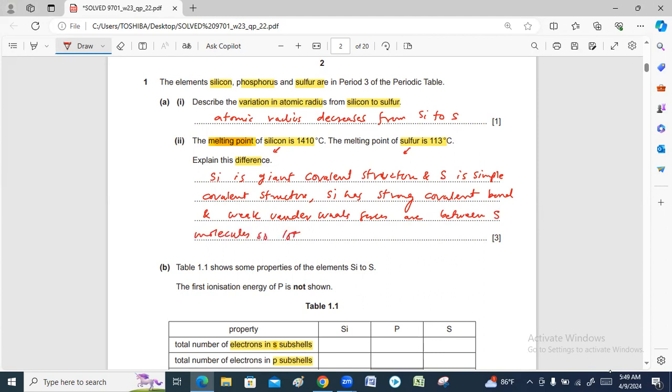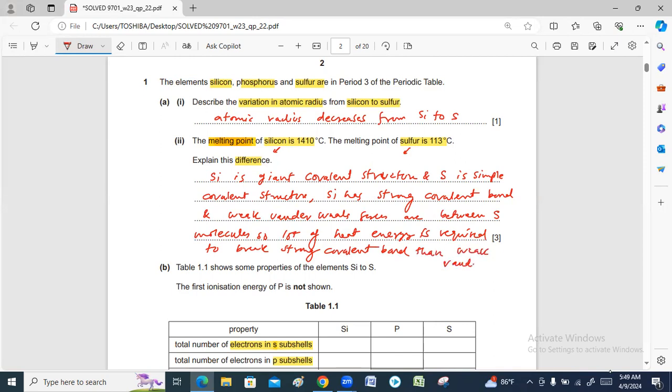So a lot of heat energy is required to break strong covalent bonds than weak van der Waals forces.